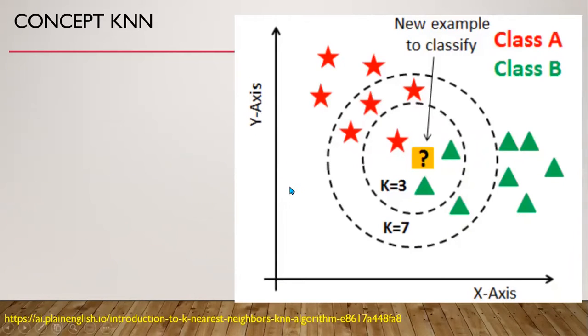This is the figure I have taken from this source to explain the concept of k nearest neighbor. This is a classification problem. K stands for number of neighbors.